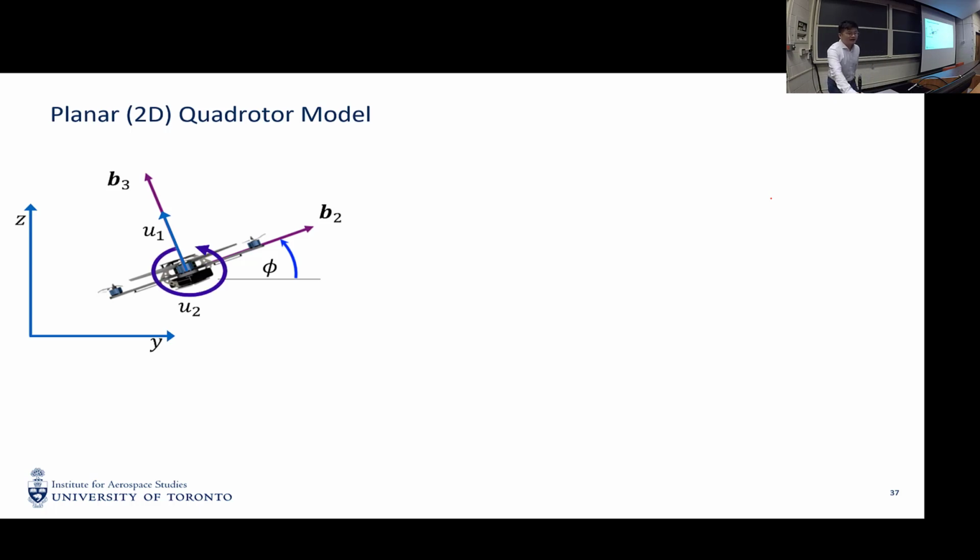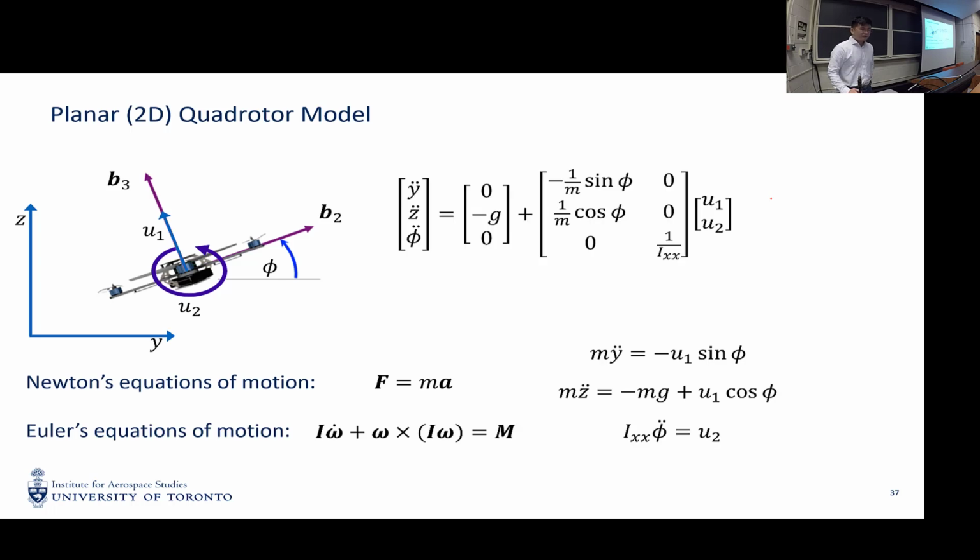It's called a planar 2D quadrotor model. So this is the y-axis, and this is the z-axis, and this phi is a rolling angle here.